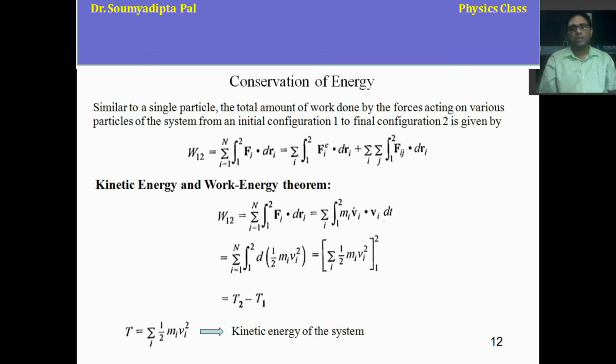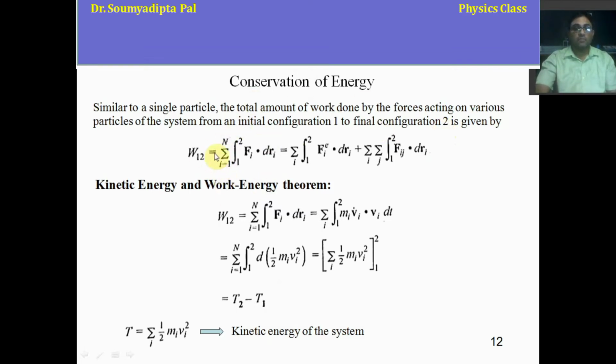So we have seen that the total work done will be the kinetic energy change. Now in this case also we will see whether that is satisfied here or not. So for that we will write like this: from configuration 1 to configuration 2 the particle is moving, and we want to see the work done.